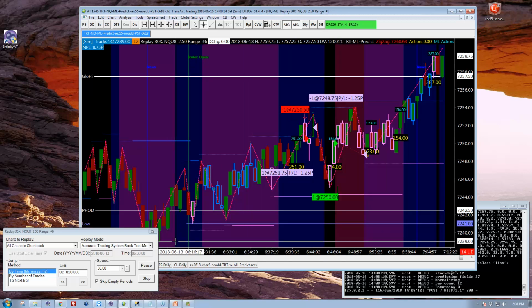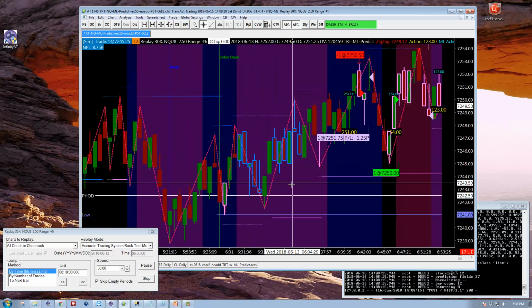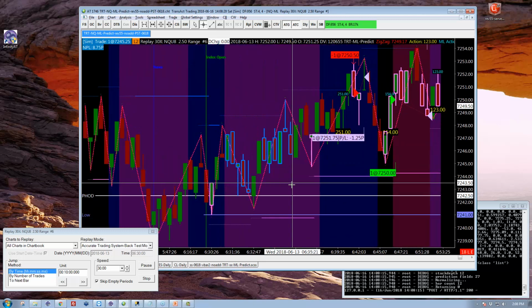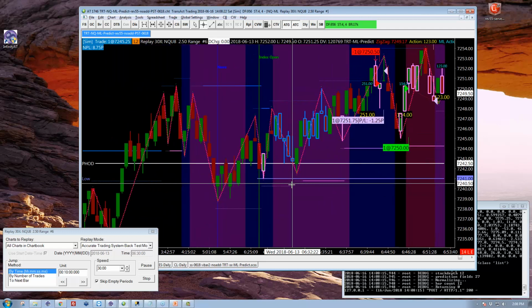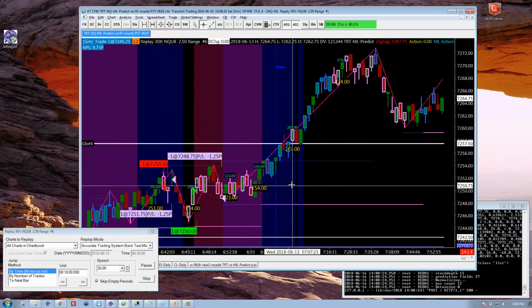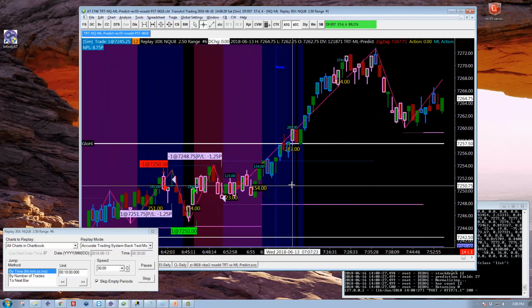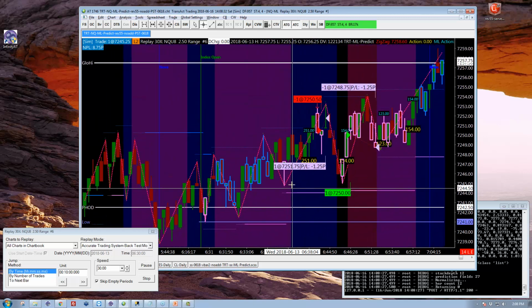Okay, so while we can wait for that to happen, we can just scroll back here and look at this. What's on screen is a lot of colors in the background. What we're doing here is using a different method to identify that the market is choppy and sideways.